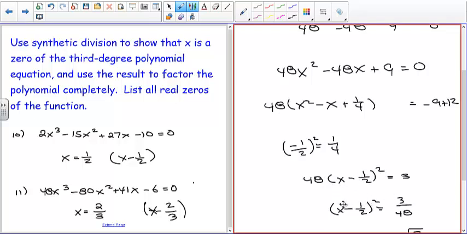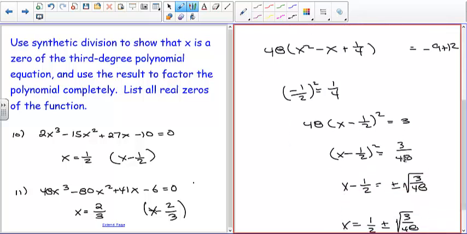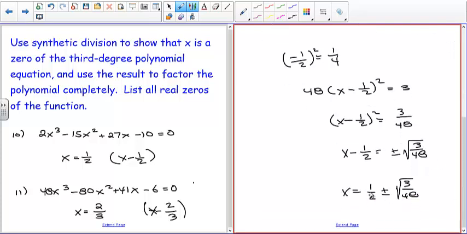We want to solve for x. Those are the zeros. So divide both sides by 48. Take the square root. So you're left with x minus 1/2 is equal to plus or minus the square root of 3 over 48. And then add 1/2 to both sides. You'll get 1/2 plus or minus the square root of 3 over 48.